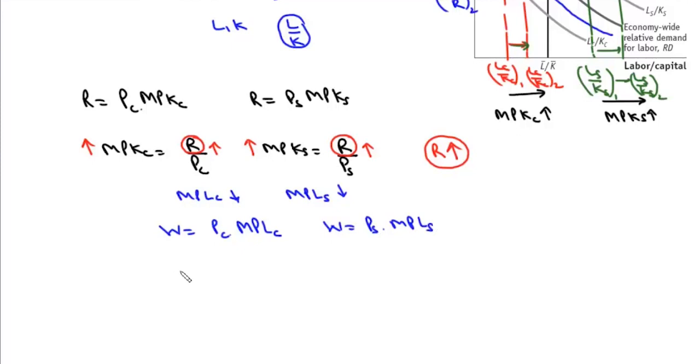Now we can rearrange this: the marginal product of labor for computers will be W upon PC, and the marginal product of labor for shoes is W upon PS.